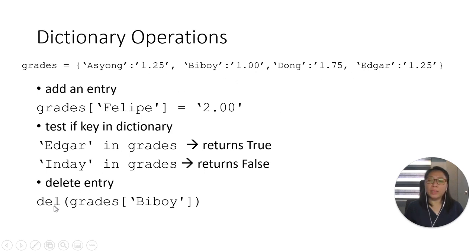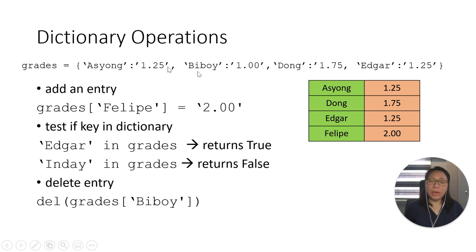And then we may delete an entry or an element in the dictionary by providing the element that we want to delete. For example, here, delete grades bboy. So this deletes this key value pair bboy colon 1.00.